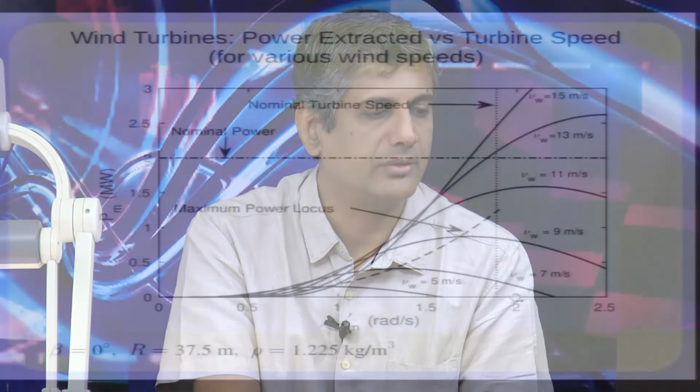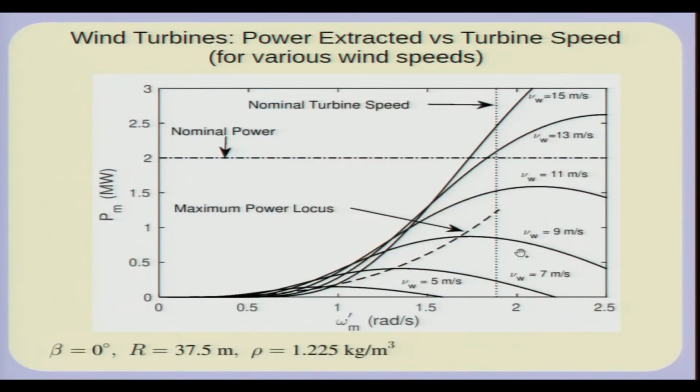Therefore, the speed of the turbine will be roughly 2 radian per second. Based on that, the intersection of 2 radian per second roughly with this will give you the operating speed, and that in fact will give you the mechanical power.